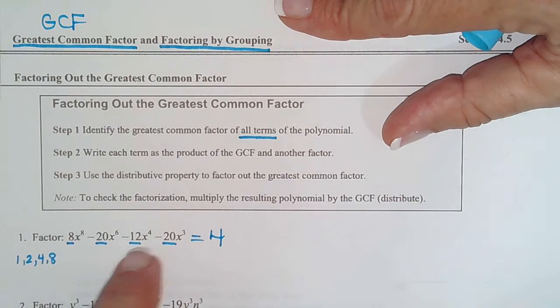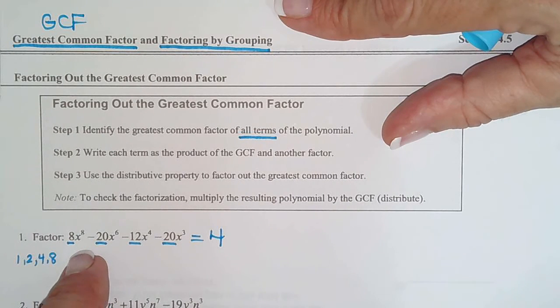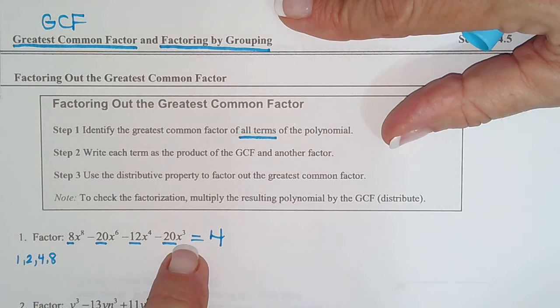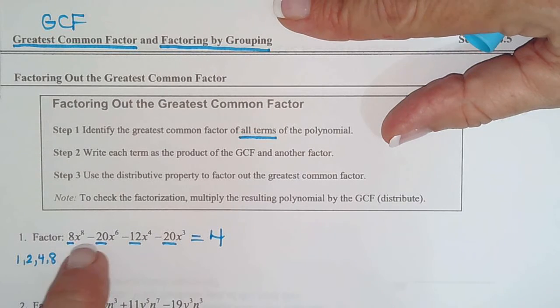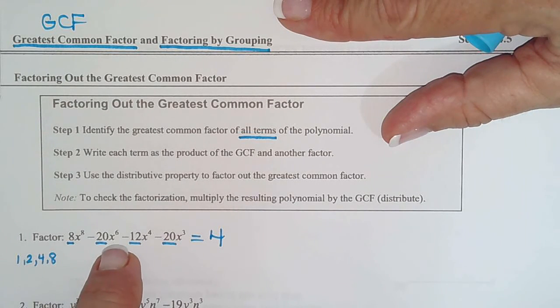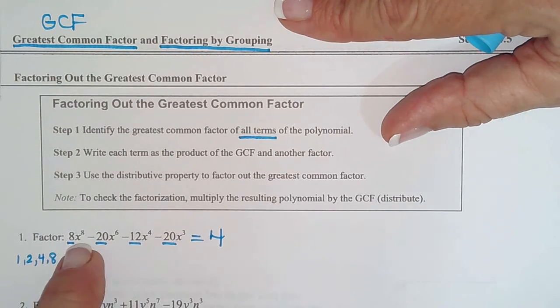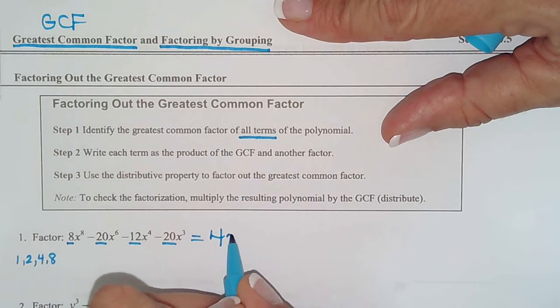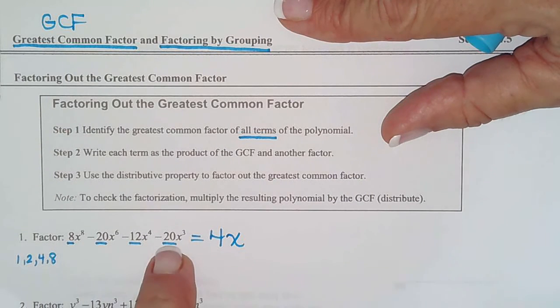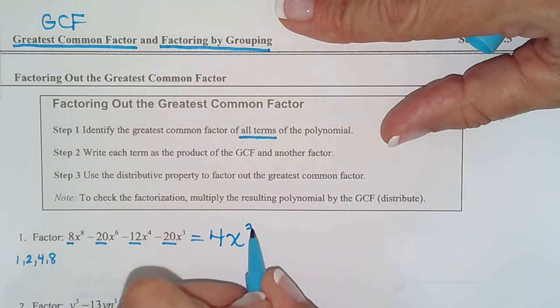Then with exponents, this is when it gets a little tricky. You pick the smallest exponent. Why? Well, I can't take 8 x's out of here if there aren't 8 to take out. But I can take 3 out of here, and 3 out of here, and 3 out of here, and 3 out of here. So then we take the variable, if it's common to all the terms, and we use the smallest exponent.